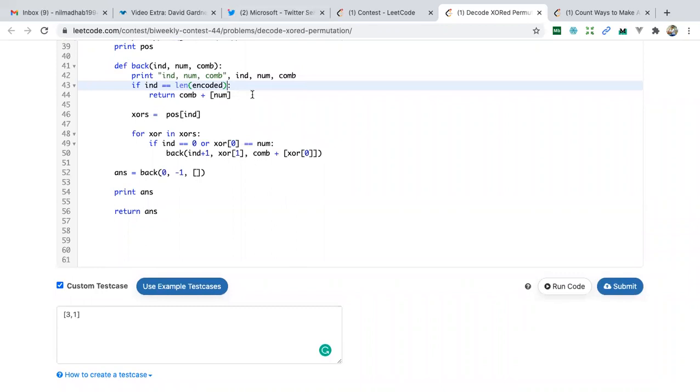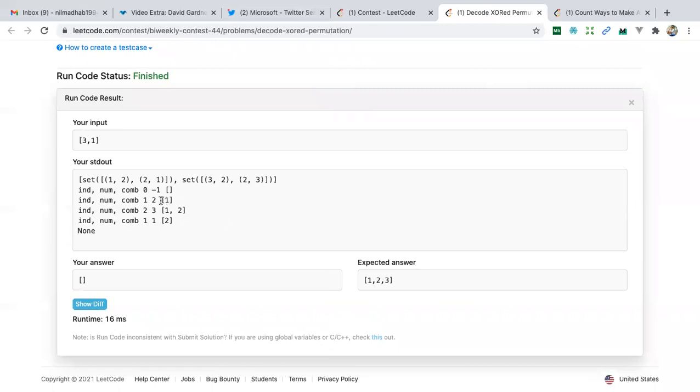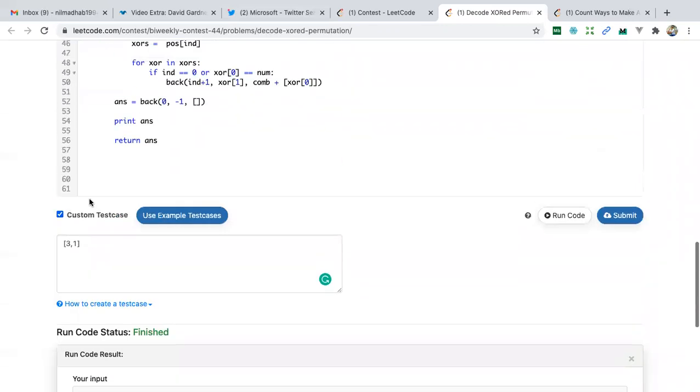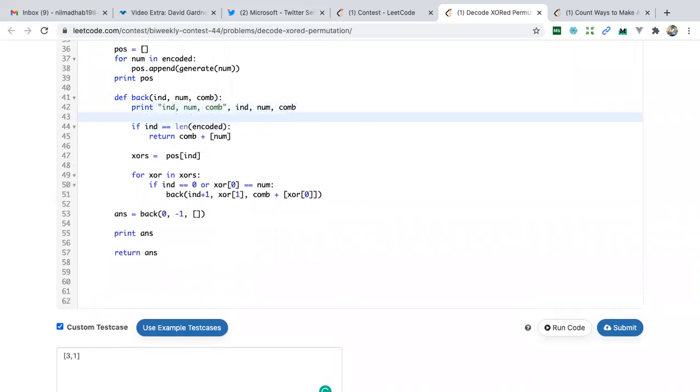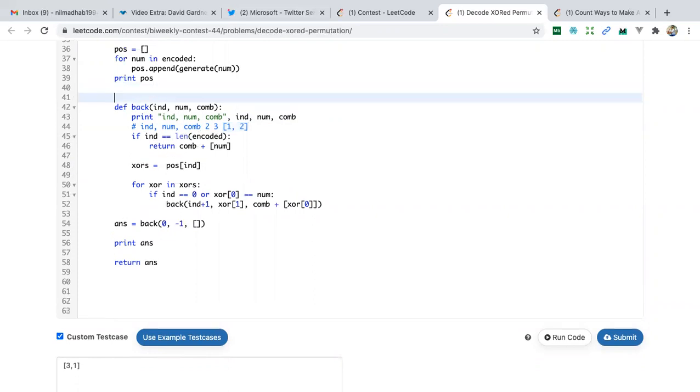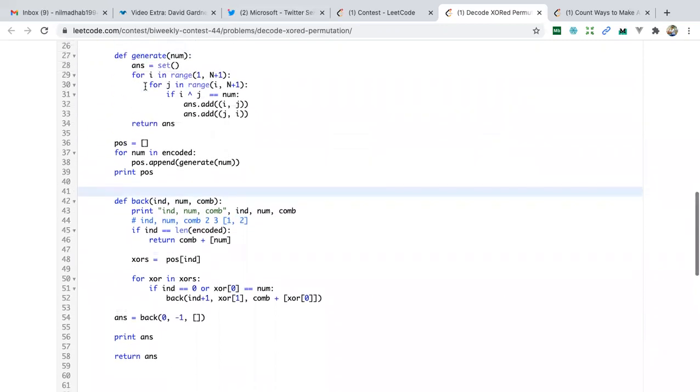No. There is one simple case that I'm missing. In this case of 2 and 3, when index is 2, number is 3, and combinations is 1 and 2. Index and length of encoded are equal, and I think we cannot return this number. It won't work. Maybe we can have a global variable, like self.answer equal to -1.